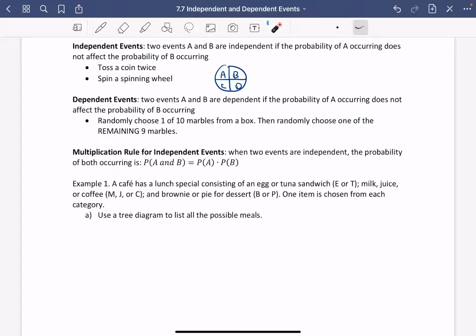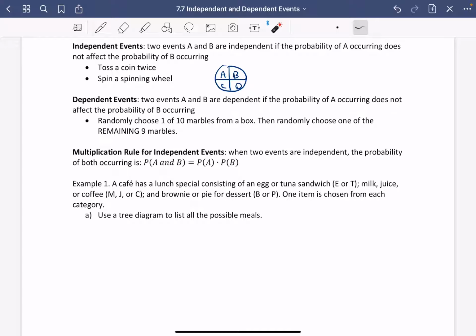Now, if you randomly choose one of the marbles, and that's the first event, you choose one from the 10. Now, you don't put it back. So how many marbles are there left in the box? Well, there are just 9 marbles left in the box, right? So the second event then is to choose another marble from the remaining 9 marbles.